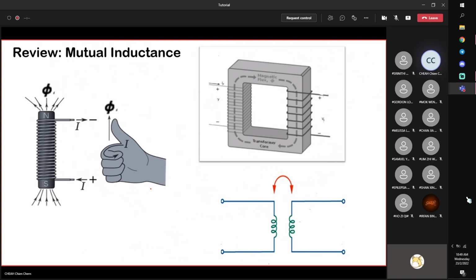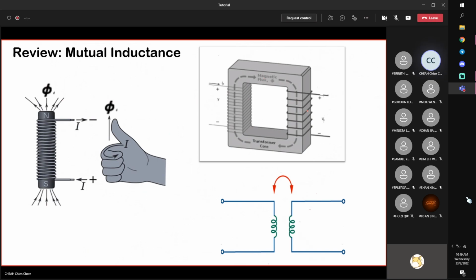Okay, the last problem involves something we call the dot convention. First, let us understand why we need such a convention, such standardization. It is because when you wind wires around ferromagnetic material, as used in a transformer, you want to step up or step down the voltage.